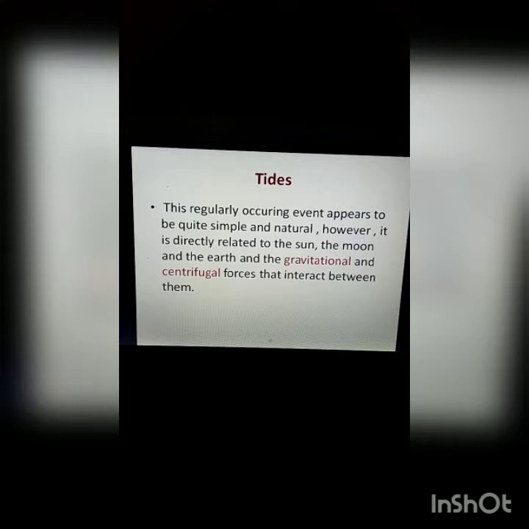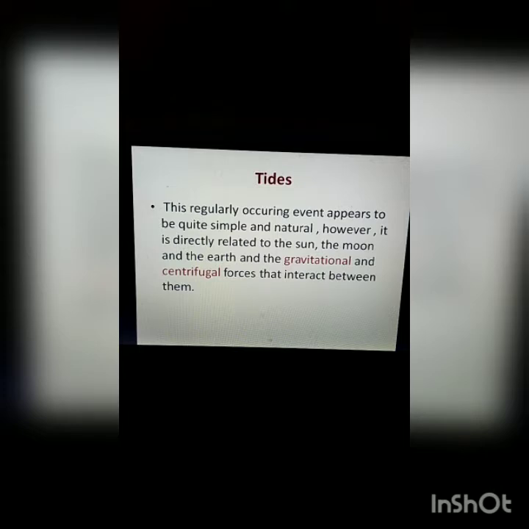This regularly occurring event appears to be quite simple and natural. However, it is directly related to the sun, the moon and the earth, and the gravitational and centrifugal forces that interact between them. So what does it mean?